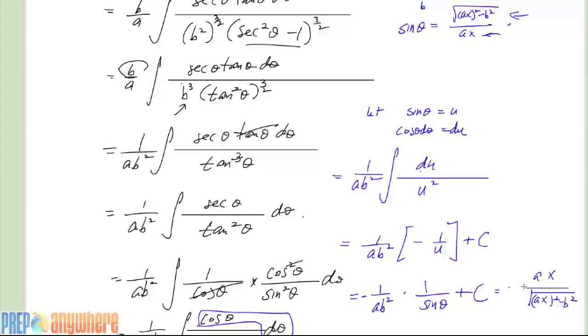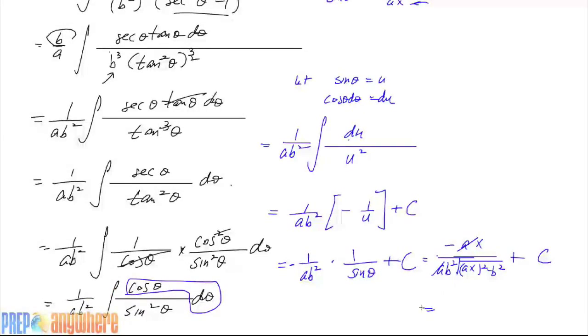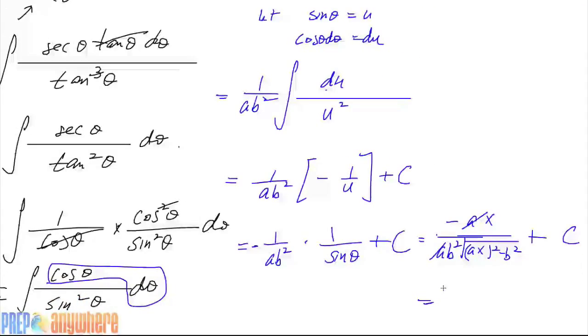I'm just going to multiply that all in. Actually, a gets reduced as well. So in the end, we end up with the final answer: minus x over b squared times the square root of ax squared minus b squared, plus some constant.